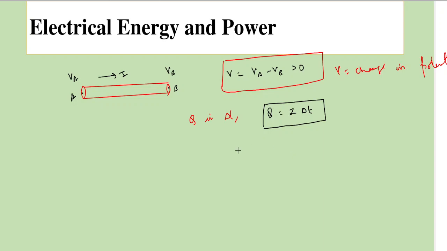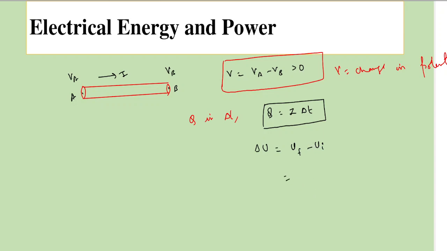Because of this, there will be a change in potential energy, and let us call delta U the change in potential energy, because when the charge moves from end A to end B, there is a decrease in potential.